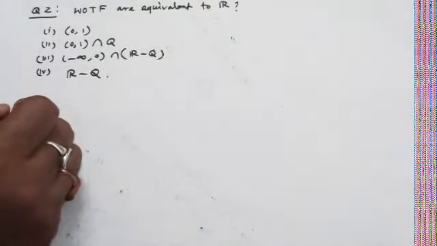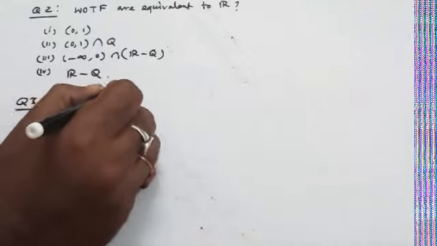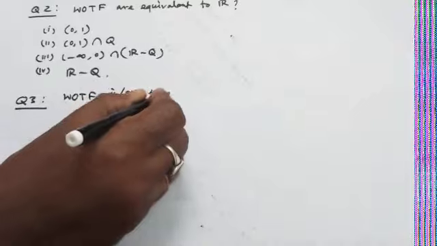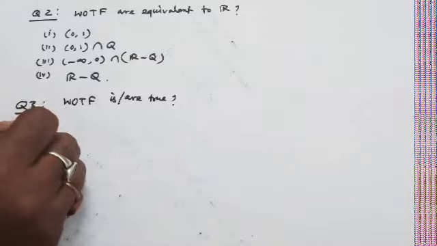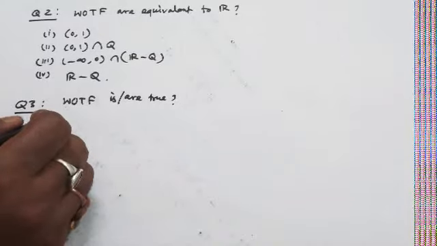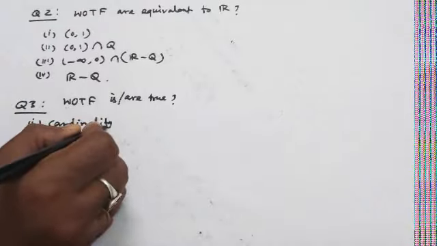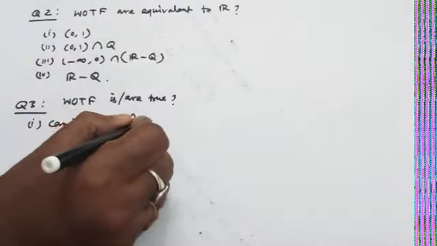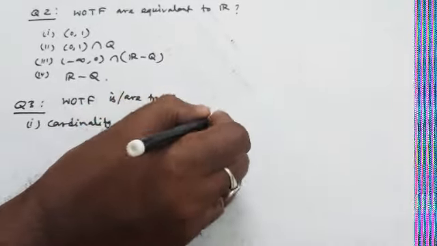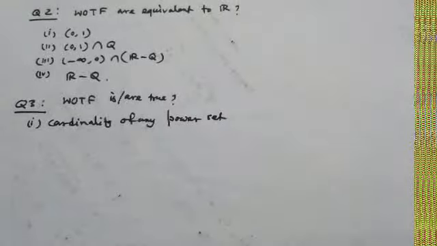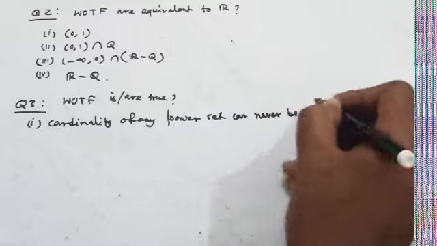And third question: which of the following is or are true? First statement: cardinality of any power set can never be empty.